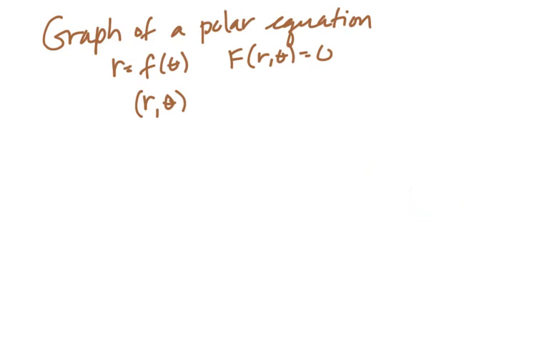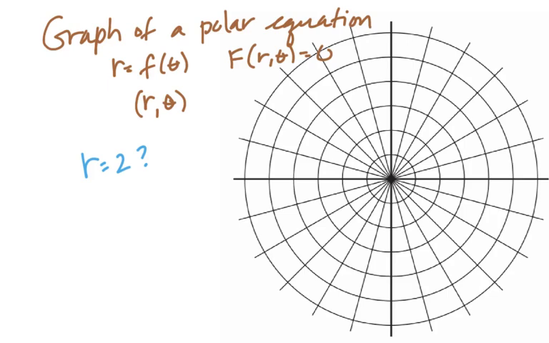So this next idea says, what curve do we have when we have r equals 2? If you think about r equals 2, let's pull in our polar coordinate again. I like polar coordinate graph paper. It makes sense.